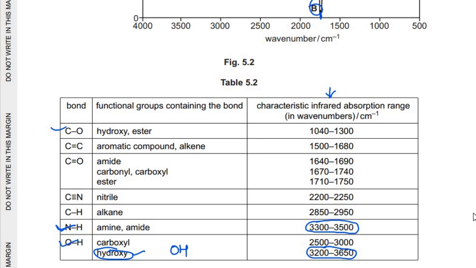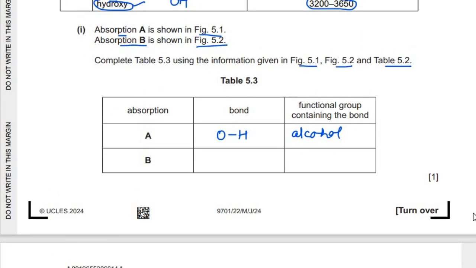We can say 1700 is here, and that is for a carbonyl or carboxyl group with the C=O bond. So the bond possible for B is C=O. The functional group we can write as carbonyl, because carboxylic acid is not possible as two oxygen atoms are not present, only one oxygen atom is present.